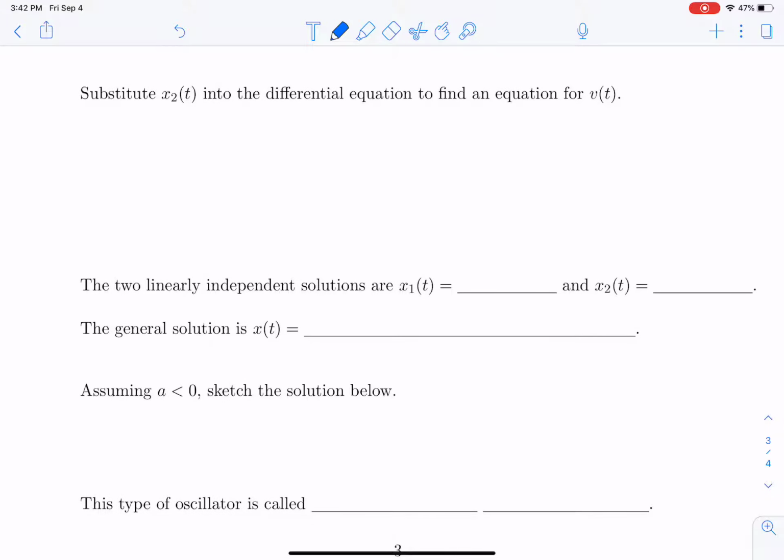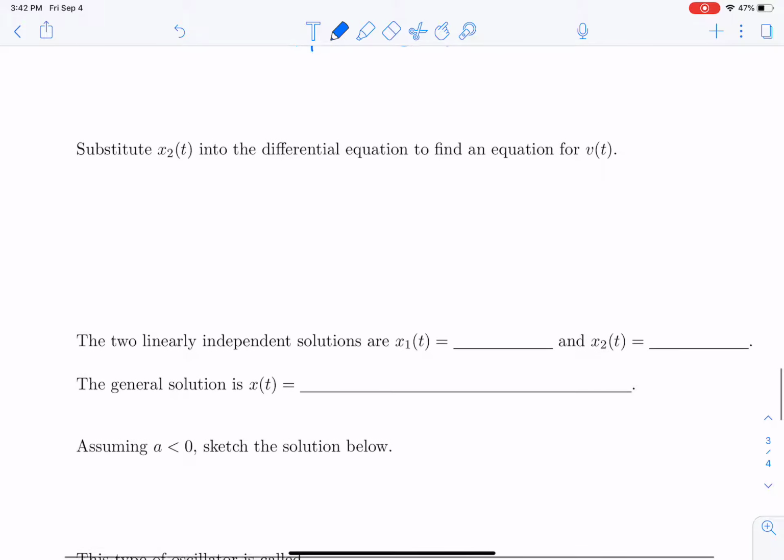So I'm going to note that x2 is going to be v times x1. x2 prime, the derivative, is going to be v prime x1 plus v x1 prime.